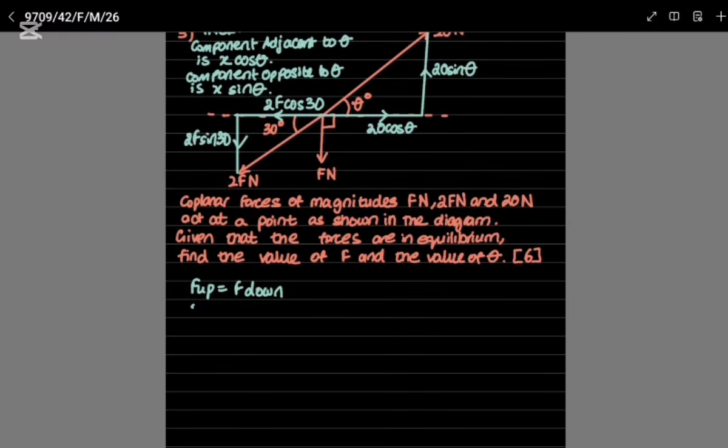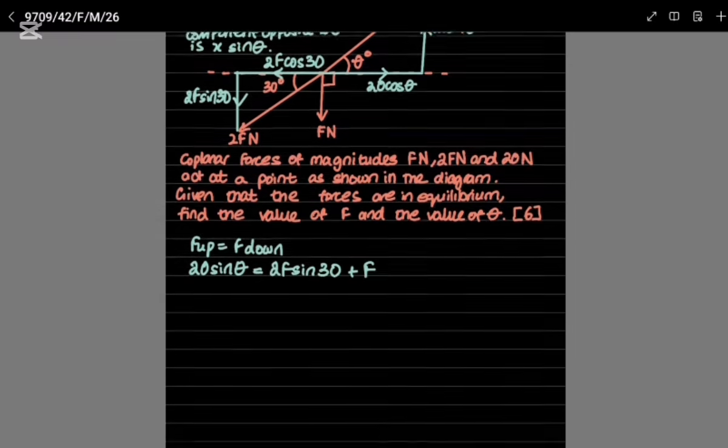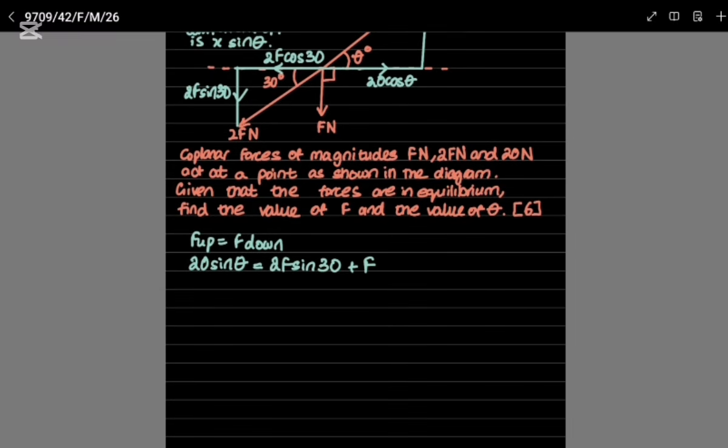So upwards we have 20 sine theta, which is equal to 2F sine 30, the downward forces, plus F Newton. Now can we simplify this? Yes, we can. 20 sine theta is equal to 2F sine 30. Sine 30 is half, so it's just F plus F, which is 2F.